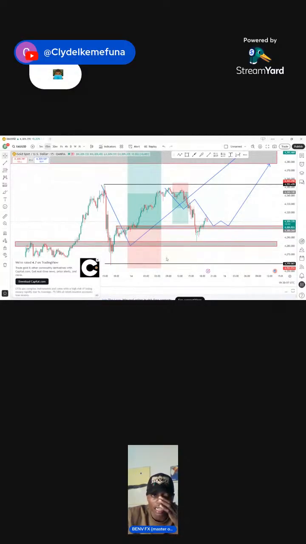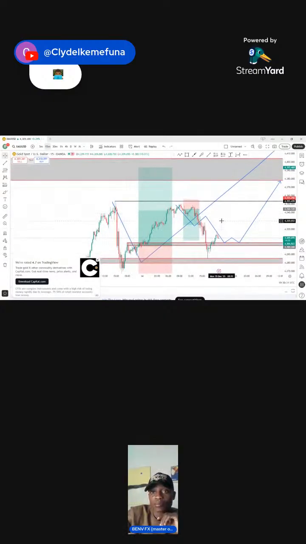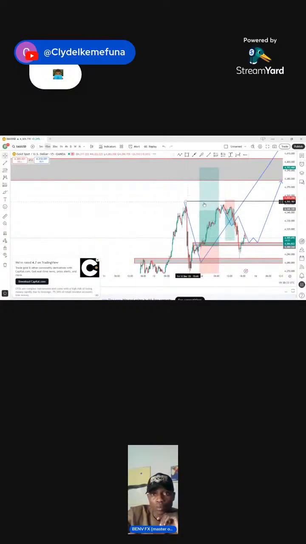You attended that yesterday weekly top-down analysis, and this is the prediction that I gave yesterday, and this is how it's playing out. I told you guys that the market would come to this particular area, since yesterday the market was around here when I put this buy order. Then I told you that the market would make a double top here and go to the downside.